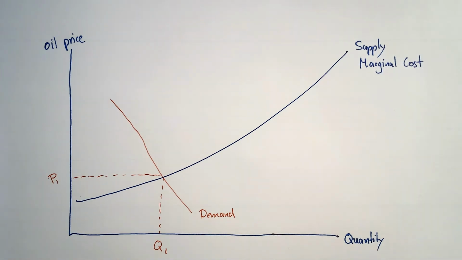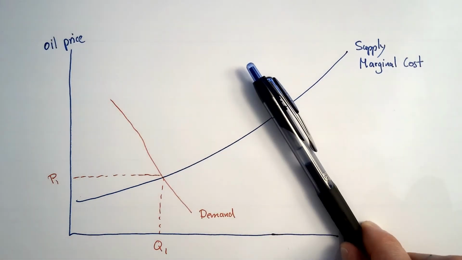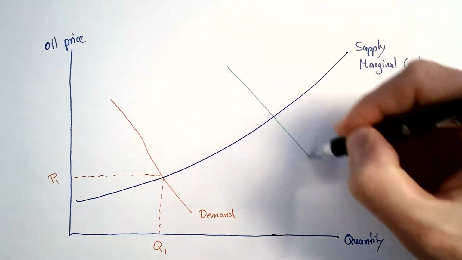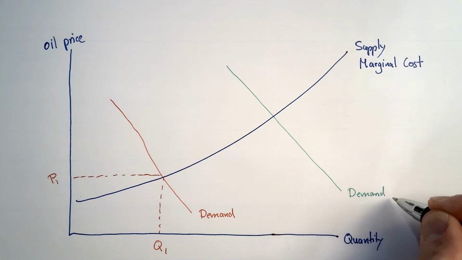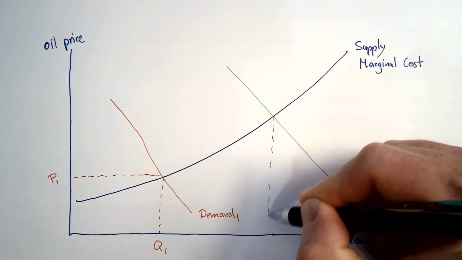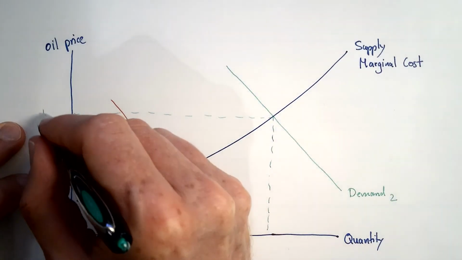But now, if you have developing nations that are demanding more and more oil, think about China in this case, then the demand function is actually shifting to the right. And hence, you are not going to be at the original equilibrium point anymore, but you now have demand 2, okay? And here we have demand 1. So now you are having a higher production quantity, and you're also having a higher oil price, okay?